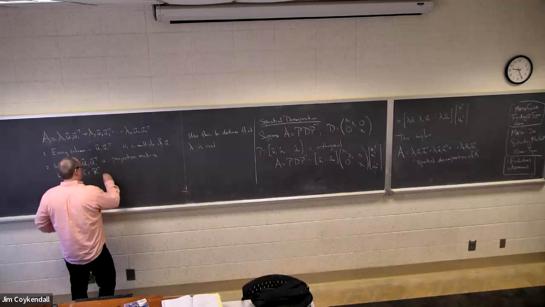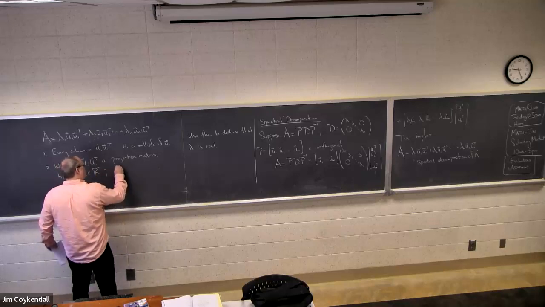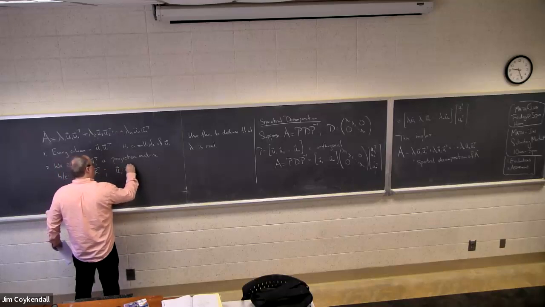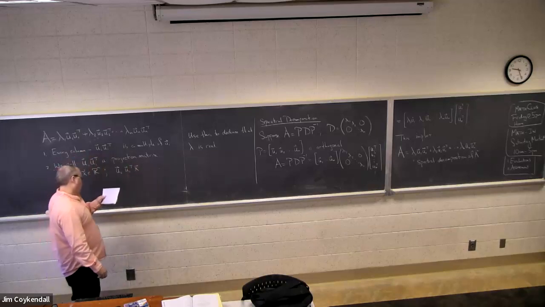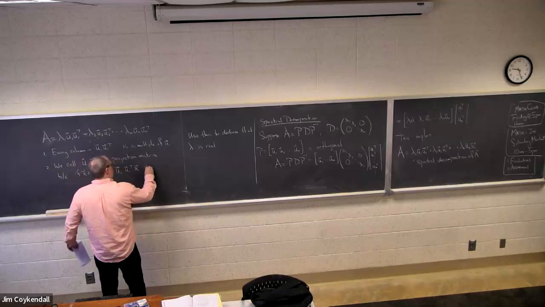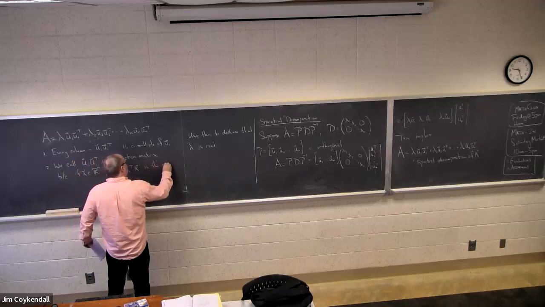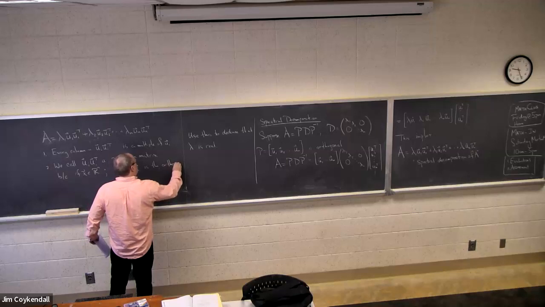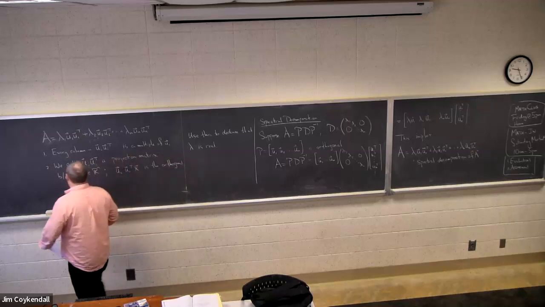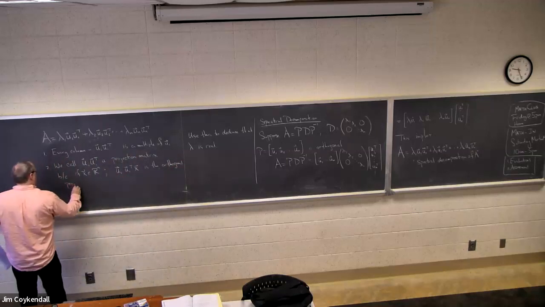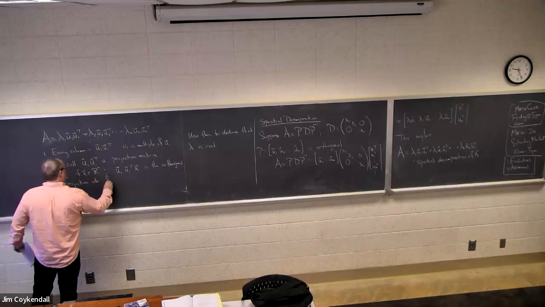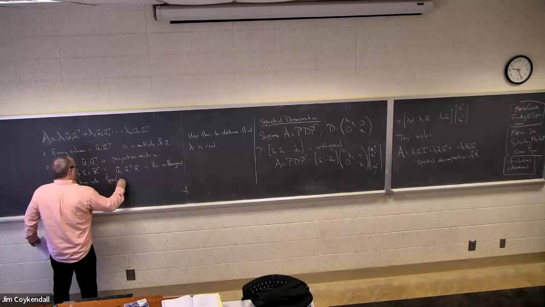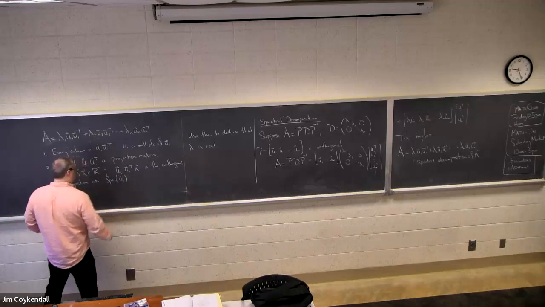Well, UI UI transpose acting on X is the orthogonal projection into the span of the vector UI.